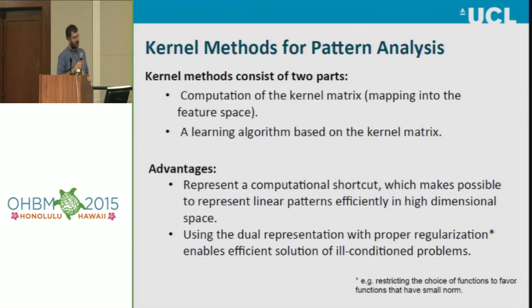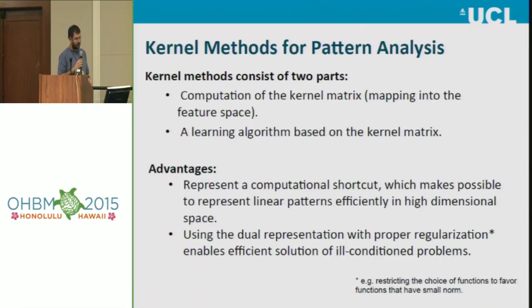Now, if you want to use kernel methods, what are they? They consist of two different parts. Firstly, we compute something called the kernel matrix, which maps the data into a feature space, and I'll come on to that in a second. Secondly, we have a learning algorithm that uses the kernel matrix to do our predictions. So why would we use a kernel method?